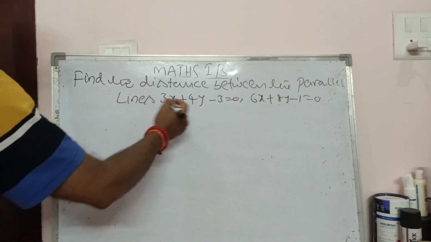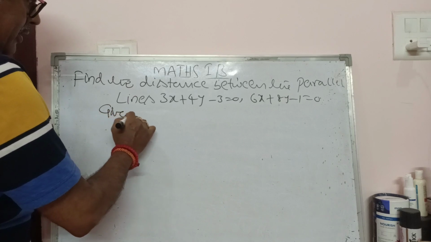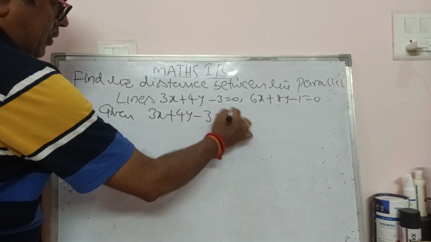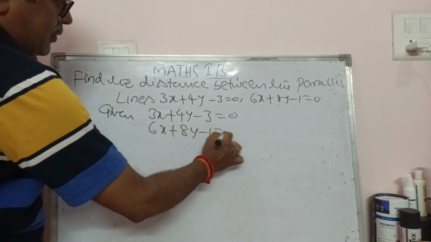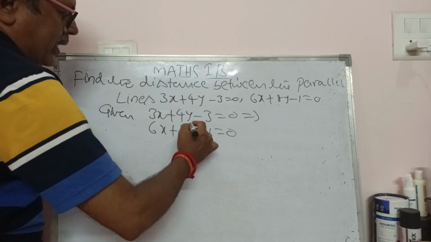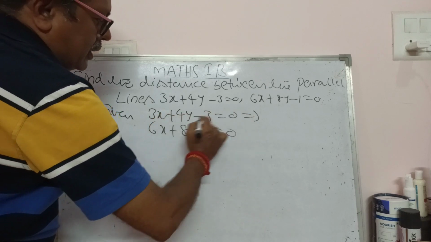Find the distance between these two parallel lines, same model. The given lines are 3x plus 4y minus 3 is equal to 0 and 6x plus 8y minus 1 is equal to 0. Since the given lines are parallel, their slopes are equal.